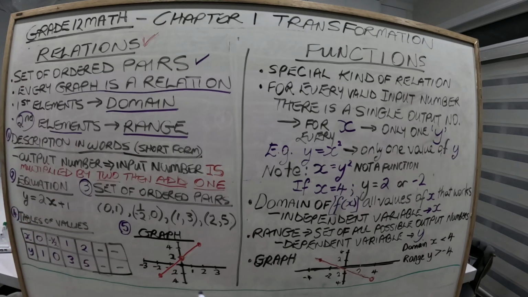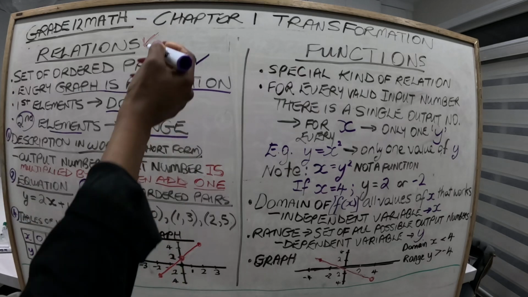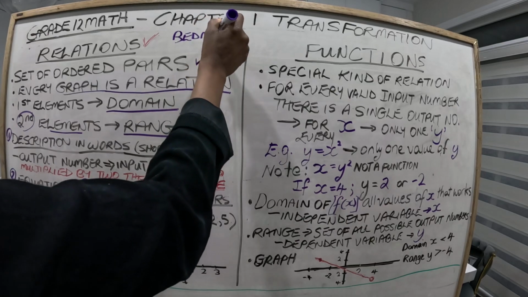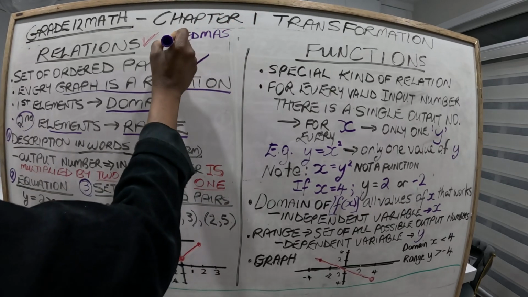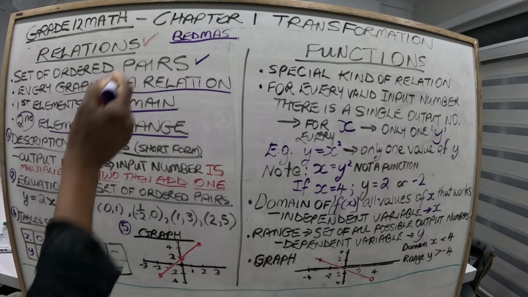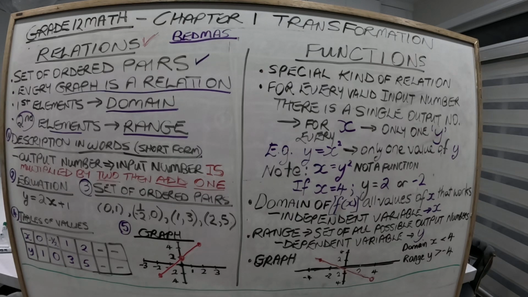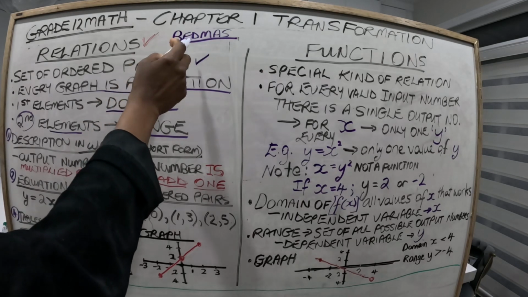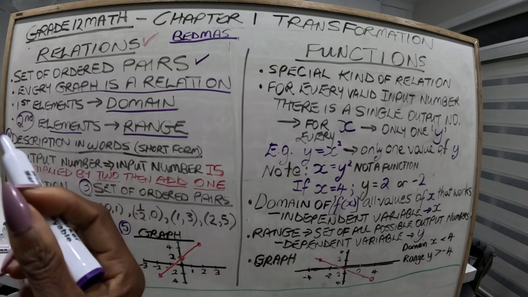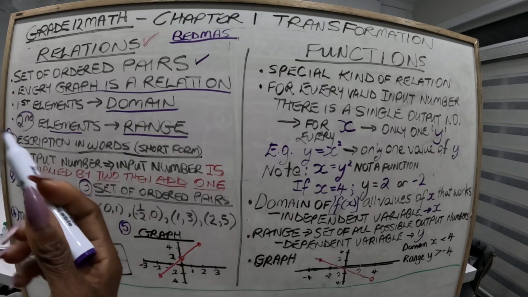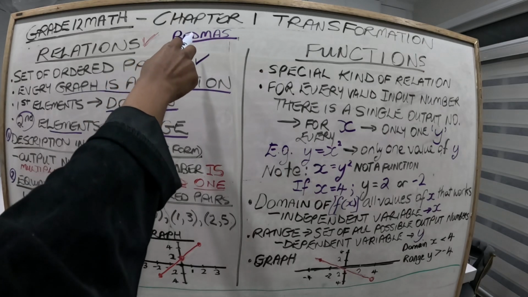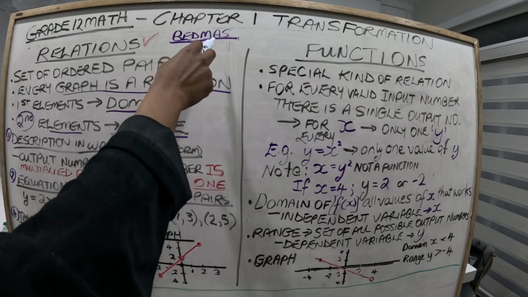And remember your BEDMAS. You should remember that. You always do your multiplication before you add. Okay? And this is just a little bit of a review. BEDMAS is first you do your brackets, which is B. Then you do your exponents, like a power, or a square root of something, then division, then multiplication, then addition, then subtraction.